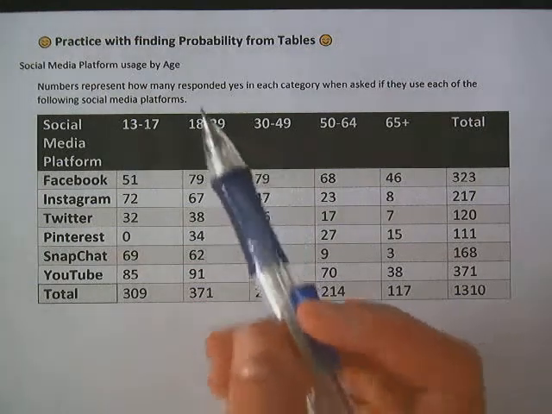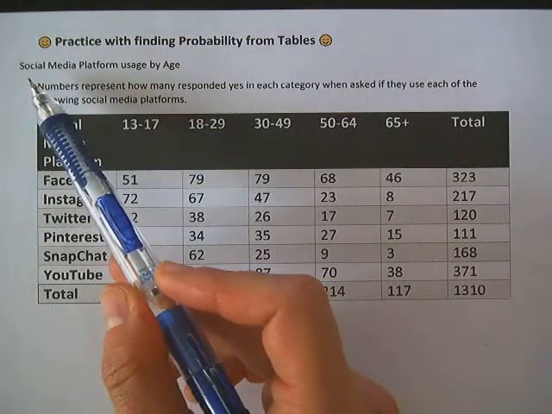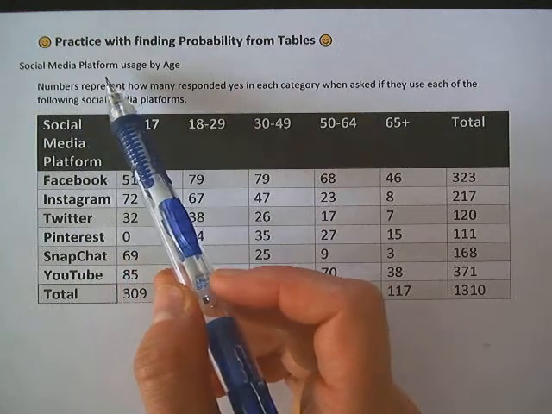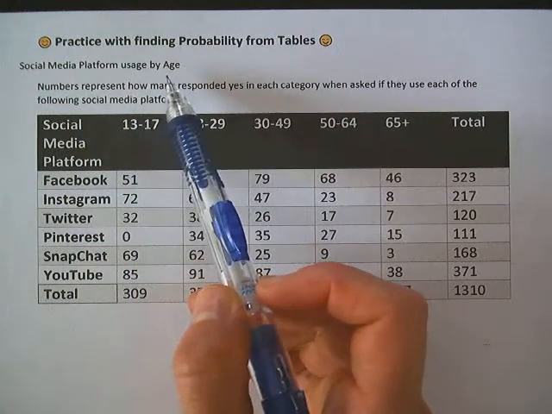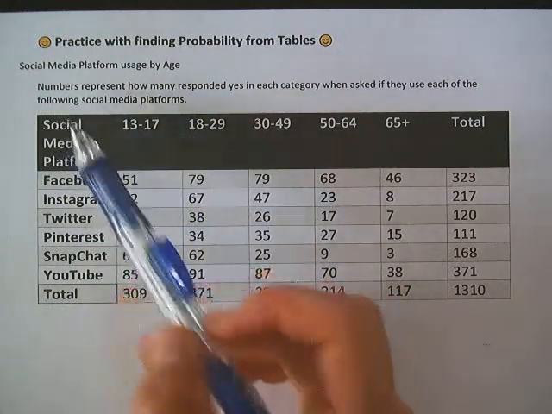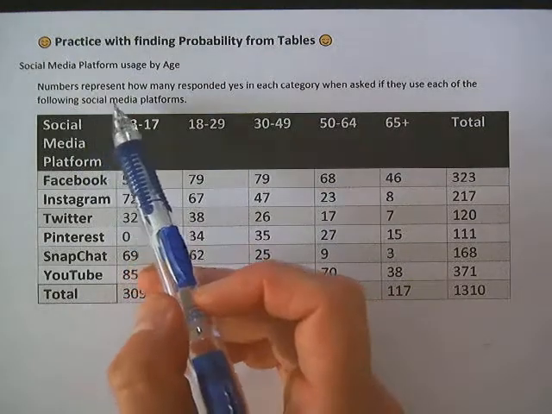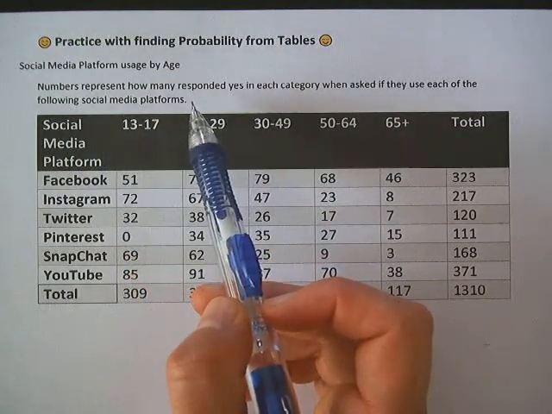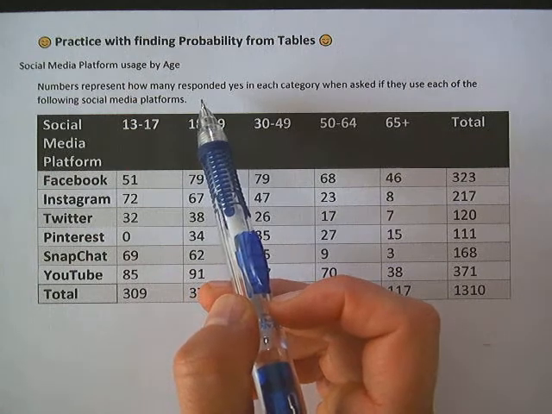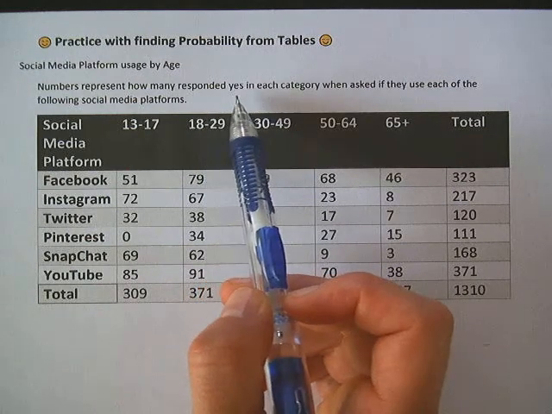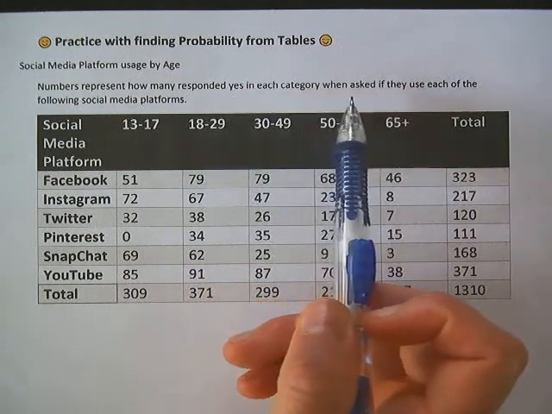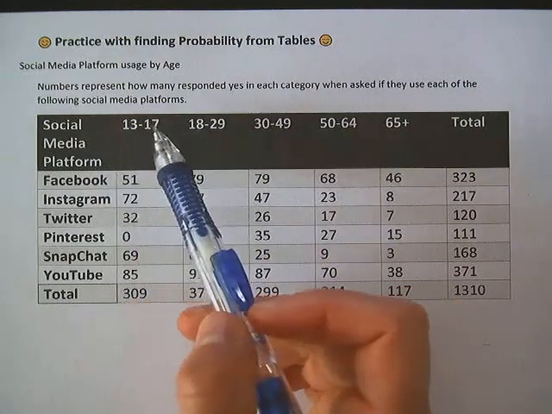And so this table, it says it's comparing the social media platform usage with their age. And so what the numbers in this table represent are how many people that were studied or surveyed responded yes in each category when asked if they use the following social media platforms.